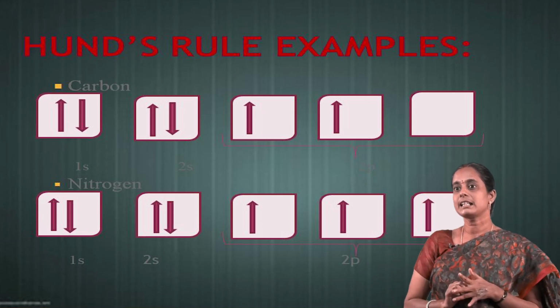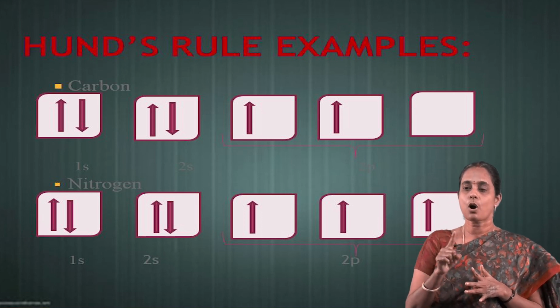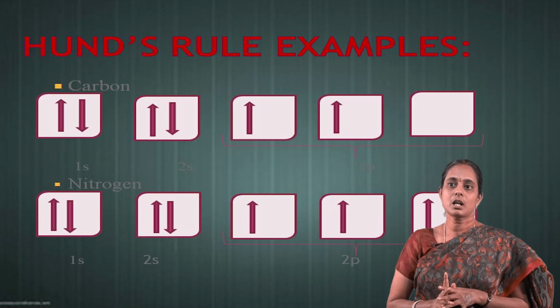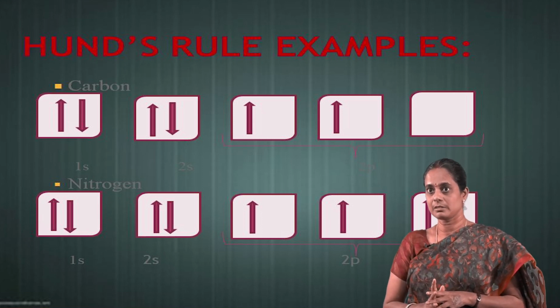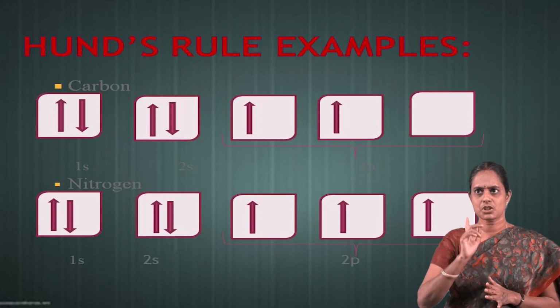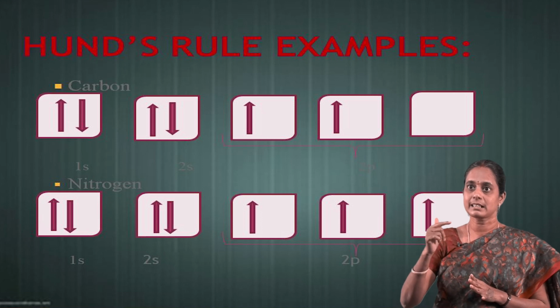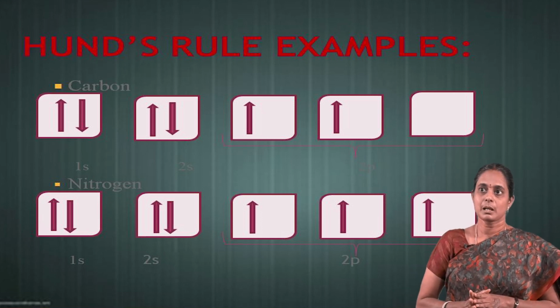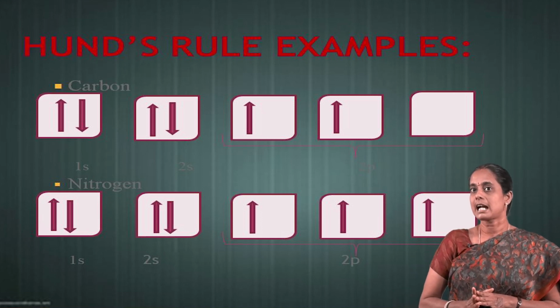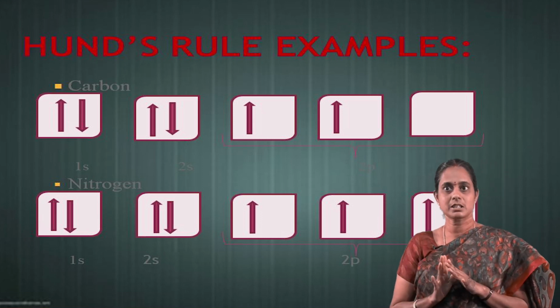It is similar for nitrogen. In the nitrogen atom, the 2p orbitals are occupied by 1 electron each. The s orbital contains only 2 electrons, so the first and second electrons enter consecutively. But the p subshell contains 3 degenerate levels with equal energy.